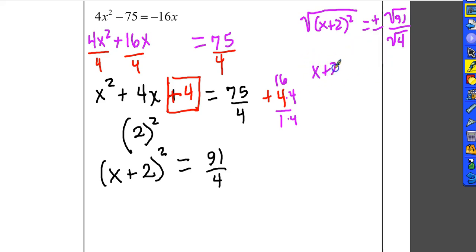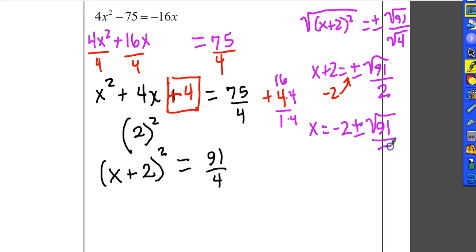So we get x plus 2 equals plus or minus square root of 91 over 2. So actually this one hasn't been horrible, but it's about to get annoying. So we're going to subtract 2 to solve for x, right? And we get x is equal to negative 2 plus or minus the square root of 91 over 2.